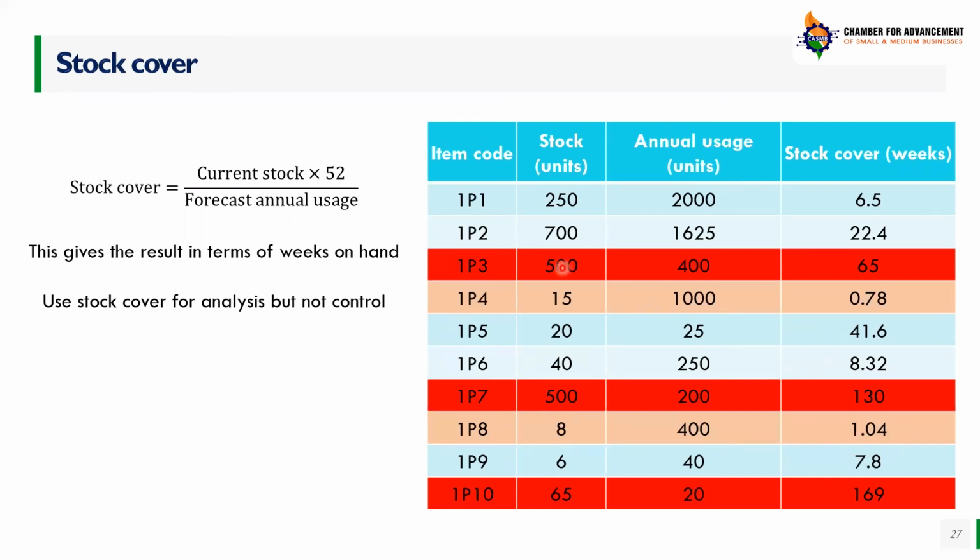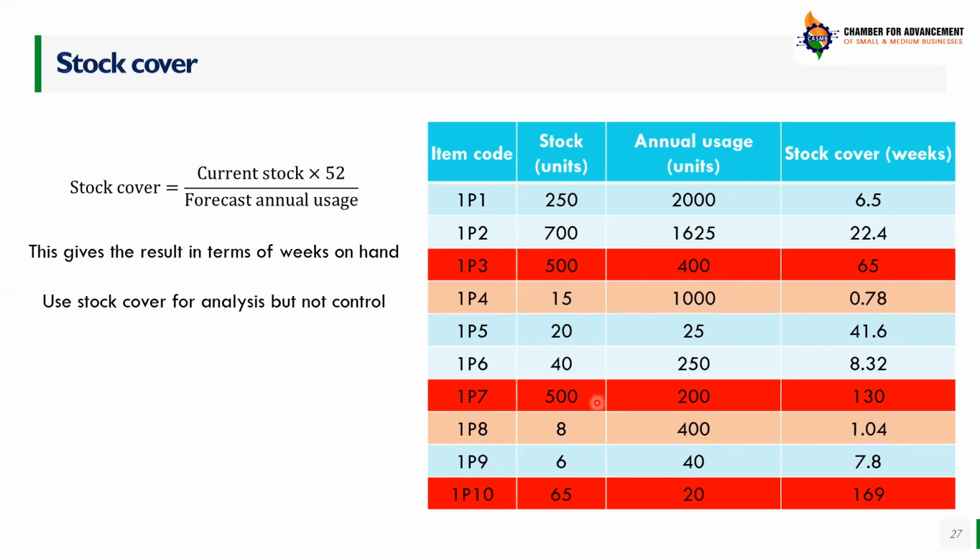Now these items, item number 3, 7, and 10. See here. We have 500 units in stock and annual usage is 400 units. That means this stock is enough for more than 1 year. For 65 weeks, this stock will be sufficient.